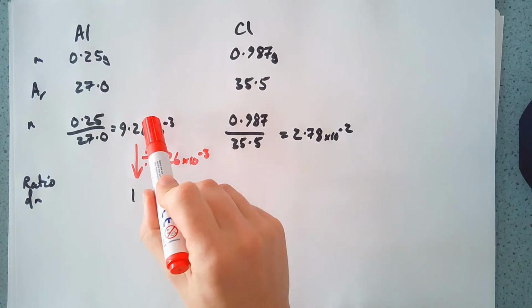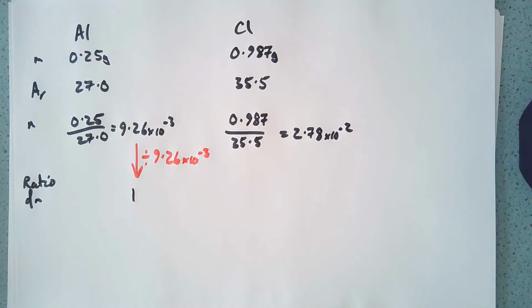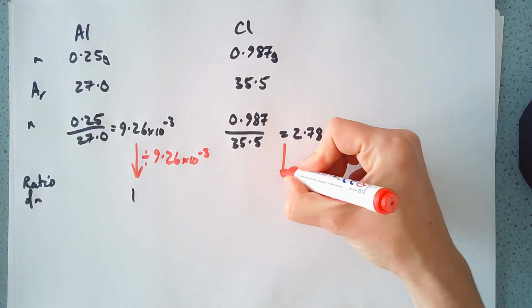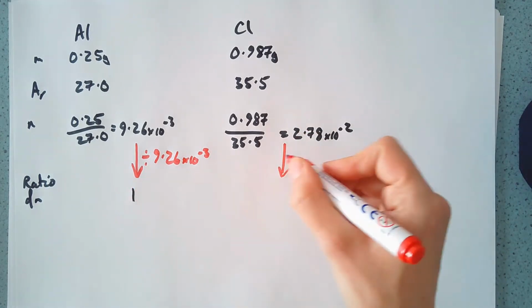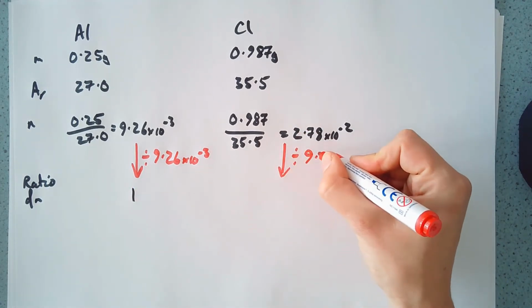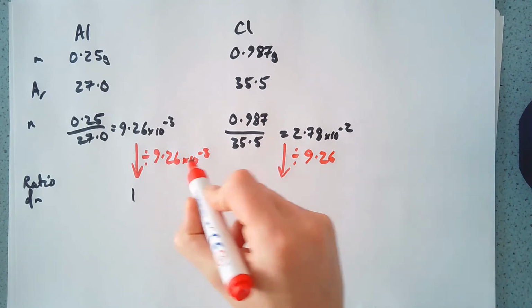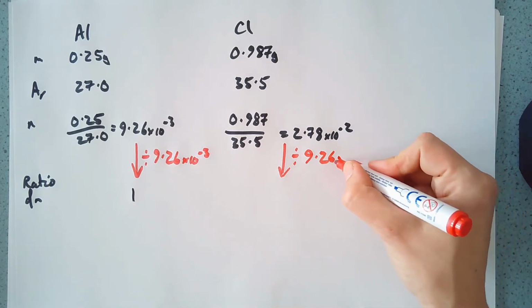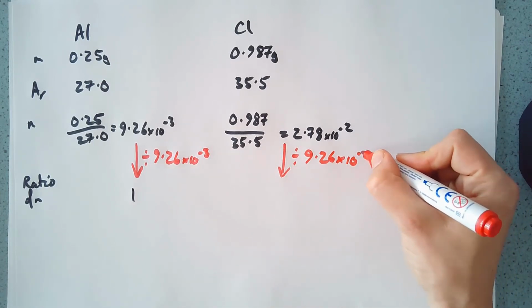And because we want the ratio of this to this, we're going to do exactly the same to this side of the ratio as we did to the previous one. We're going to divide that also by 9.26 times 10 to the minus 3.